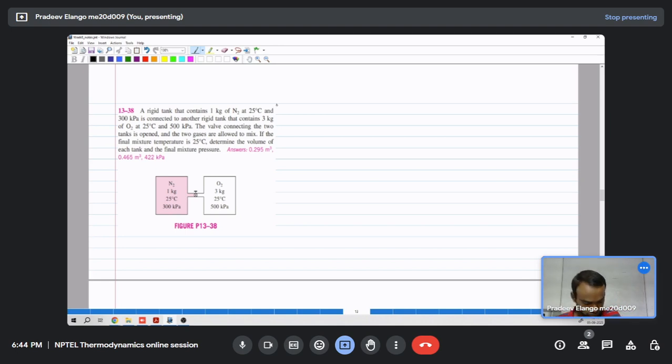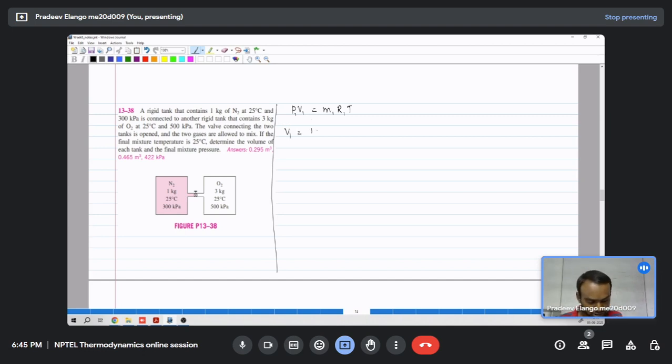So now for the first, nitrogen, we have PV equals mRT, because both the initial temperatures are the same. I'm taking it as T. Now V1 can be calculated using this expression.